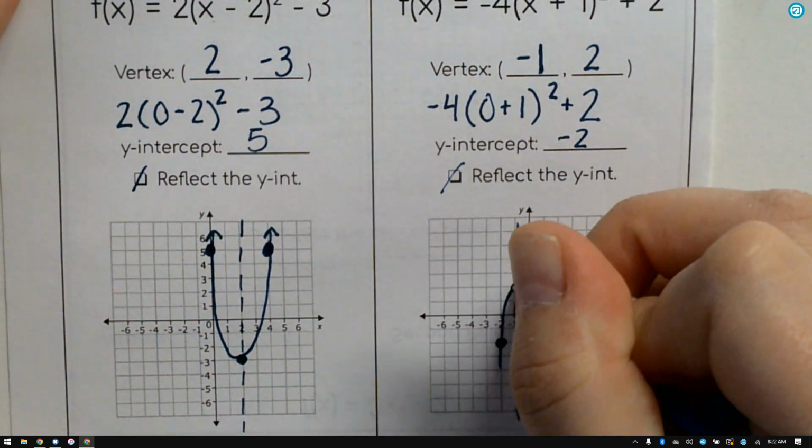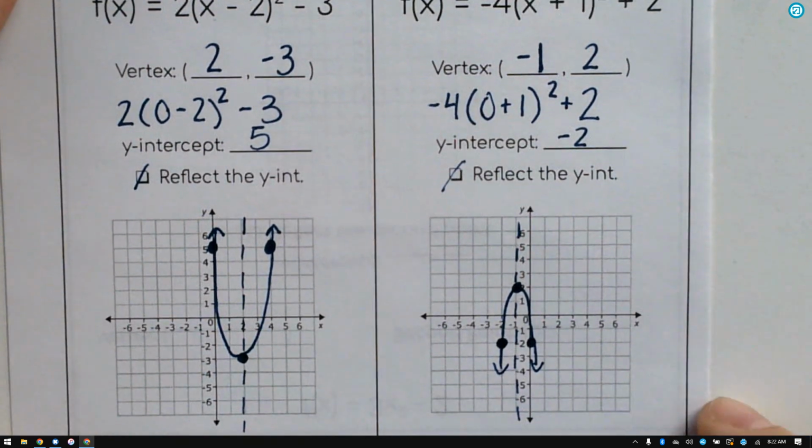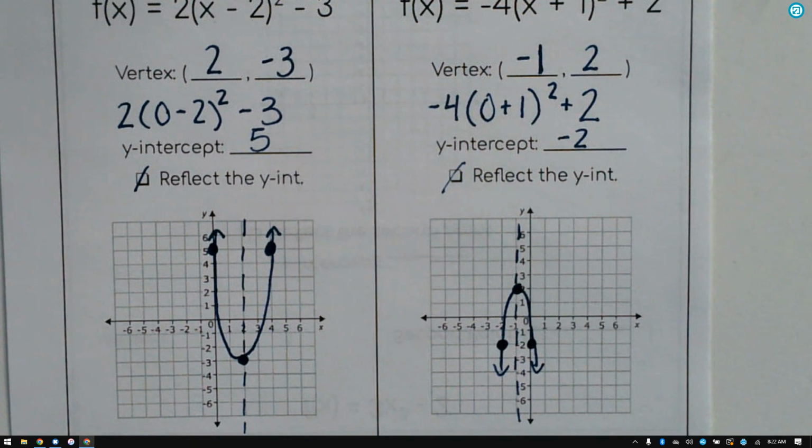It'll be a tall, skinny U that opens down. Hey, any questions right now?